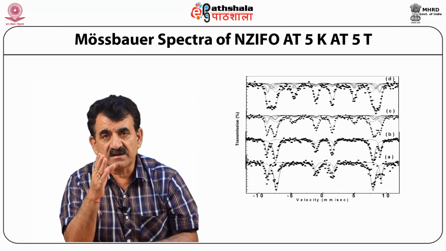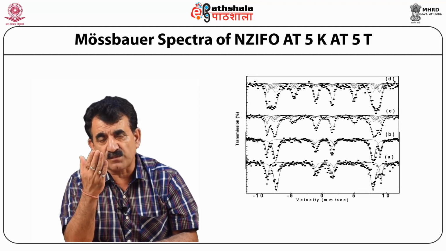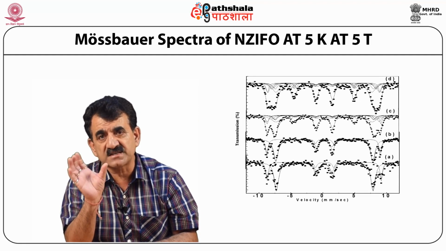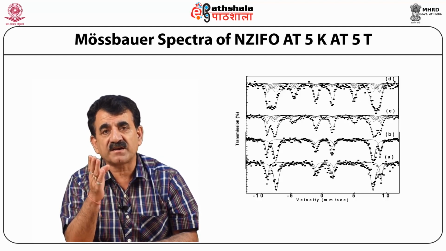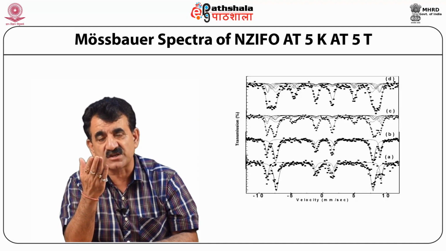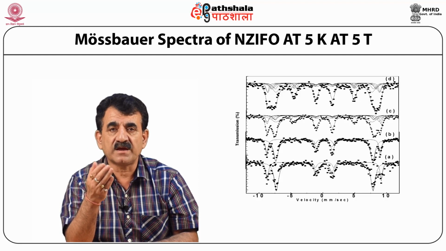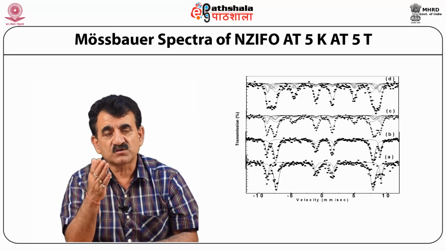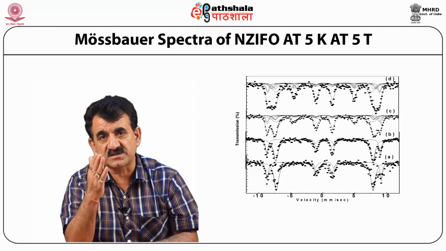And again in this figure, if we see the top figure, there is a well-defined 6-line pattern. So it is a well-defined ferromagnetic. If we see at the bottom, the ferromagnetic ordering is no more, and in between there is a relaxation. So this is also an interesting part if we want to study further. Here relaxation is a very important part which is taking place.